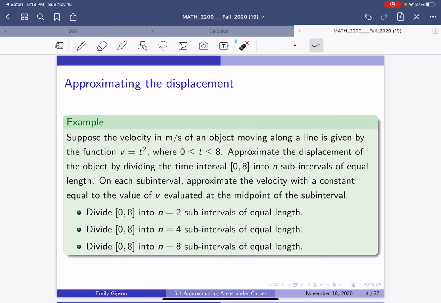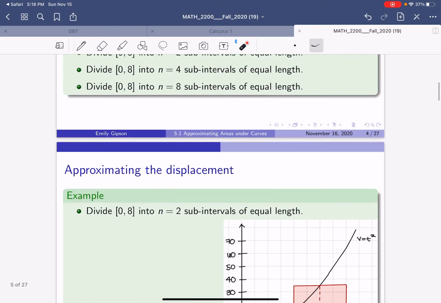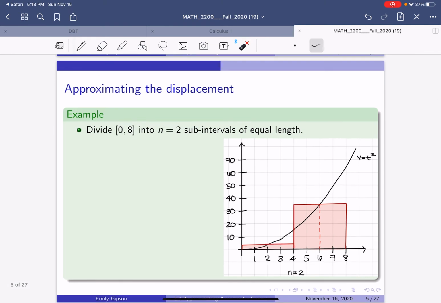On each subinterval, approximate the velocity with a constant equal to the value of v evaluated at the midpoint of the subinterval. And I want to do this for n equals 2, n equals 4, and n equals 8 subintervals of equal length. So the first thing we're going to do is divide into 2 equal subintervals. So I divided 8 by 2 and I get 4. So once every 4 seconds I have a new interval.